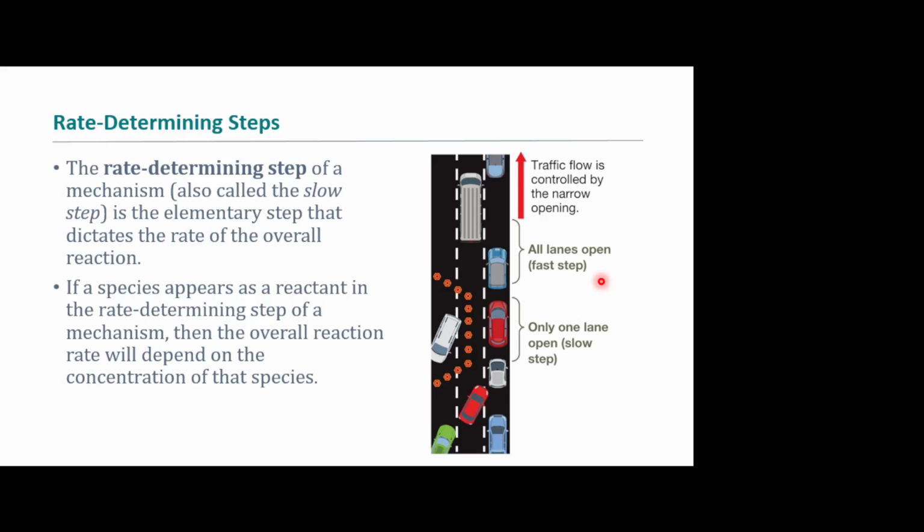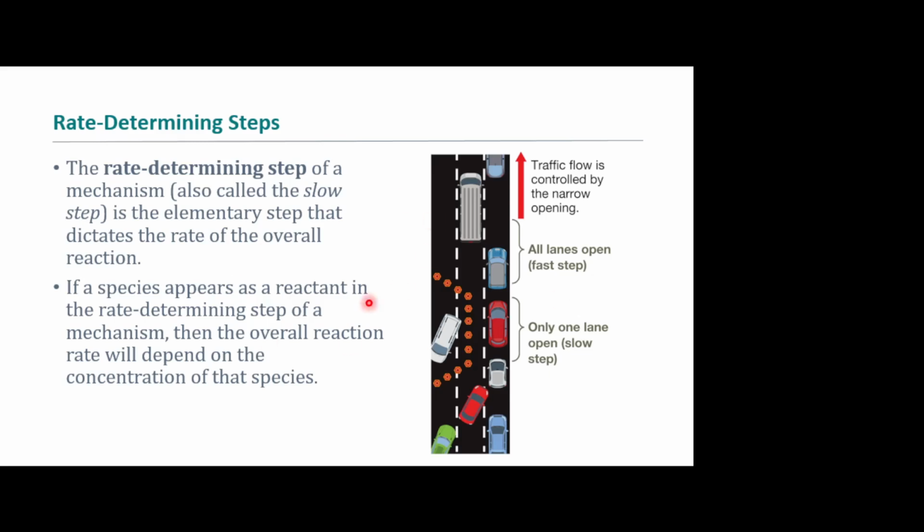Now, again, this is that same example where I was talking about, if you were taking 30 minutes to drive to work, you don't really care about the 10 seconds it takes you to change the lane. You don't really care about the 10 seconds it takes you to lower your garage door, open the garage door, whatever. What you care about is that 30-minute drive portion. The other ones are just so small, they don't really affect the overall rate.